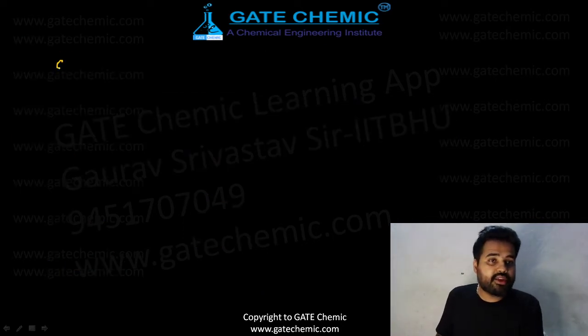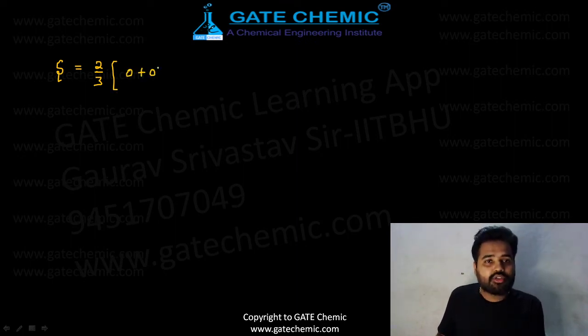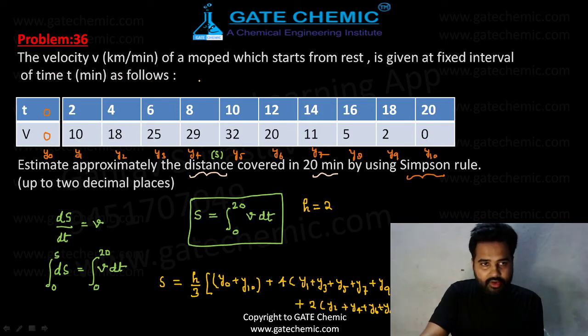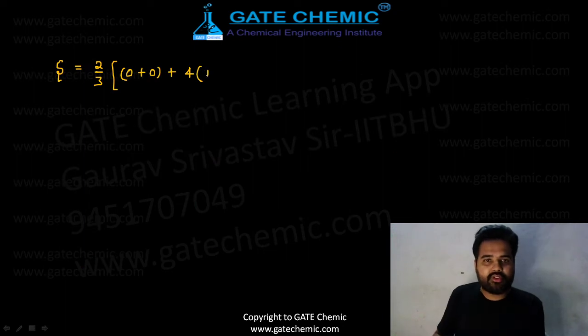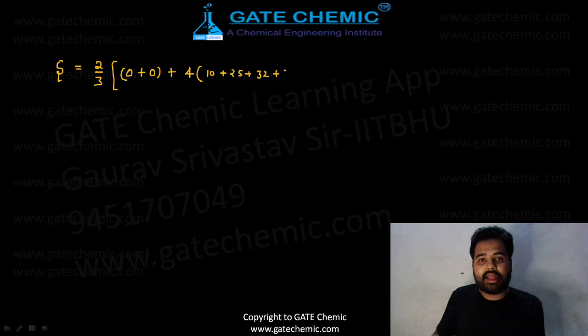So h is given as 2, so it's 2 by 3, and y0 was 0, and y10 was also 0, so it's 0 plus 0, plus 4 times y1, y3, y5, y7, y9: 10, 25, 32, 11 and 2.